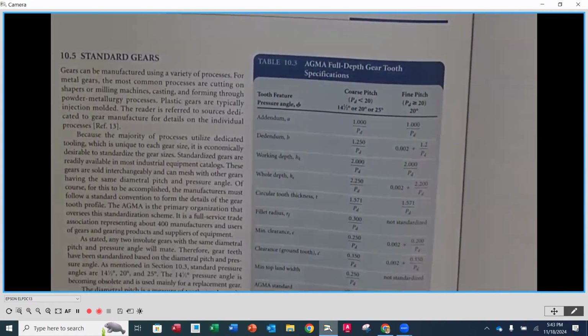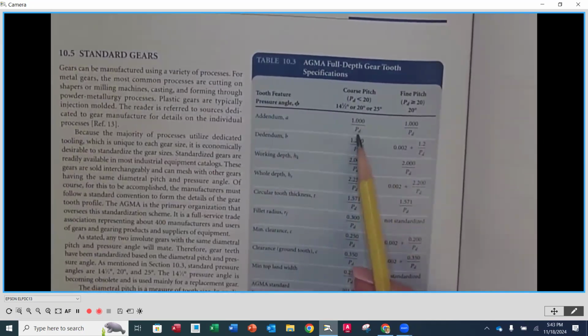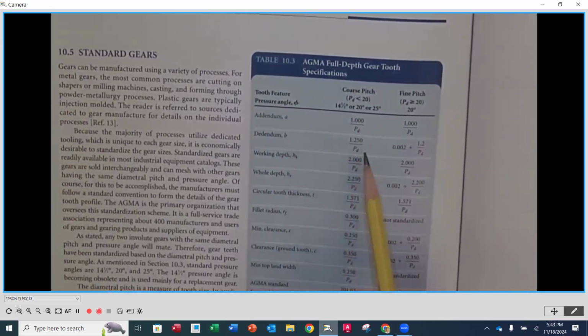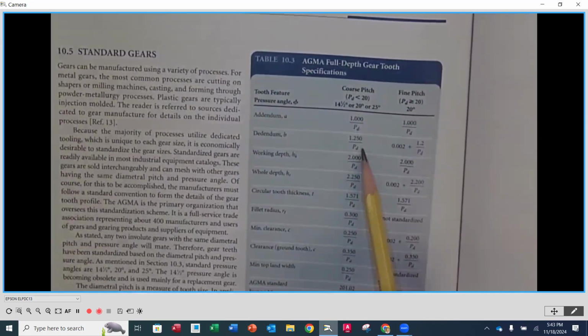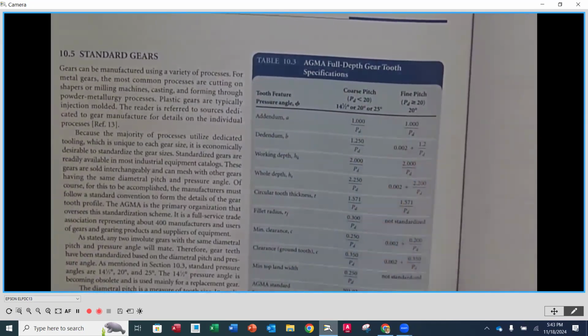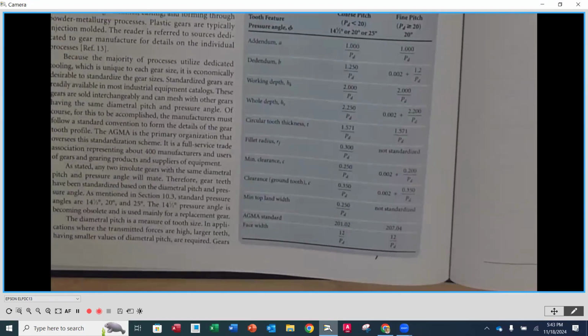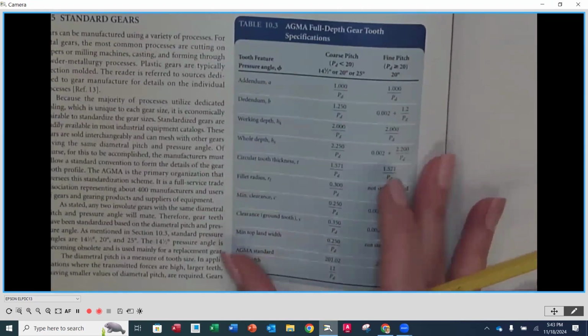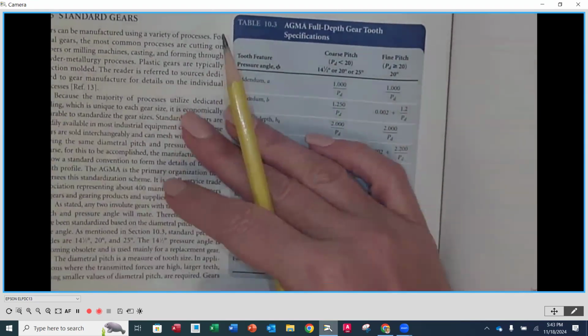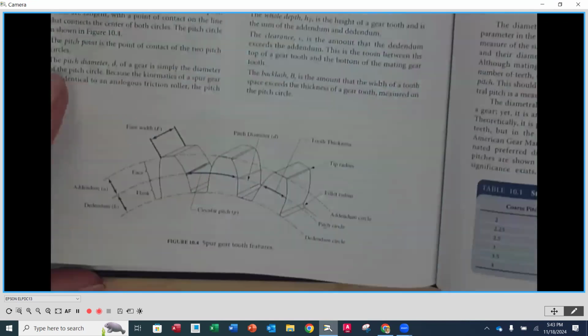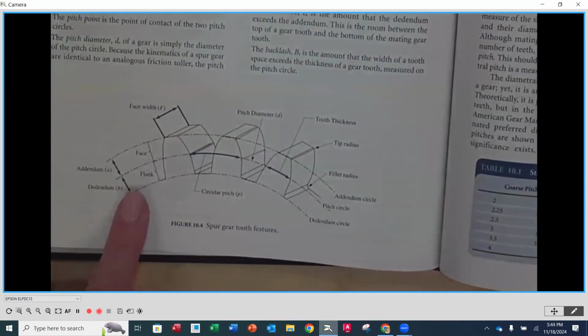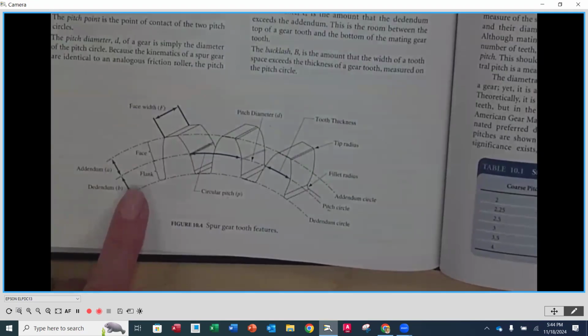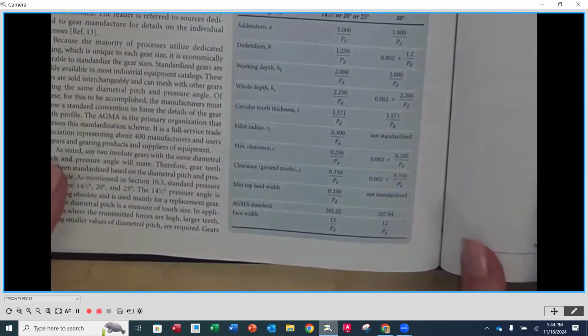Notice that to calculate an addendum, you are going to use the diametral pitch. To calculate the dedendum, you're going to use the diametral pitch. All of these characteristics are based on the diametral pitch, which is the size of the tooth. So if you ever did want to go back to that illustration earlier and calculate all of these items and generate manually an involute tooth profile, here are your equations.